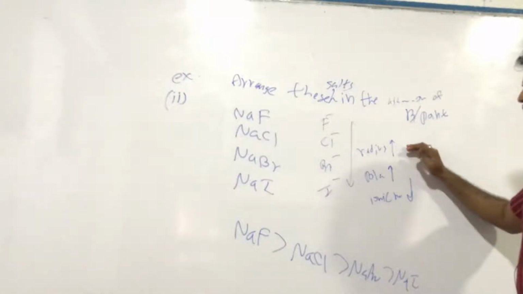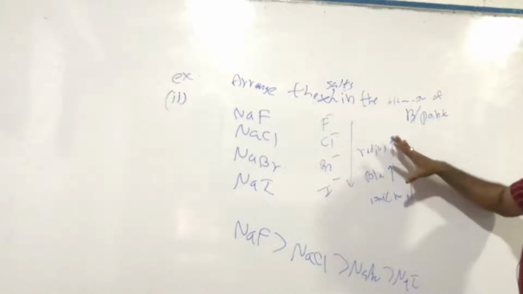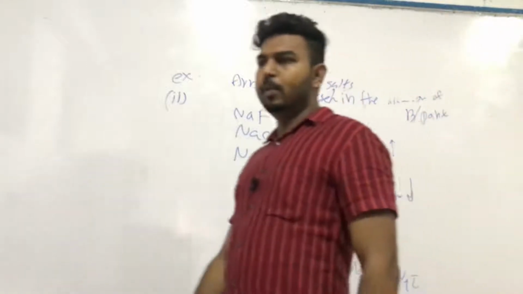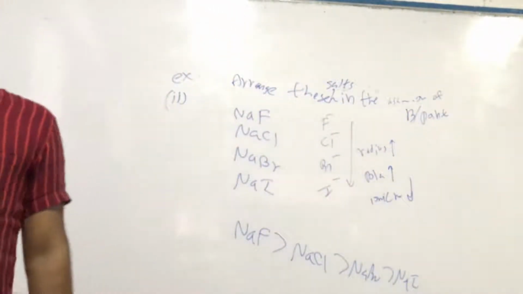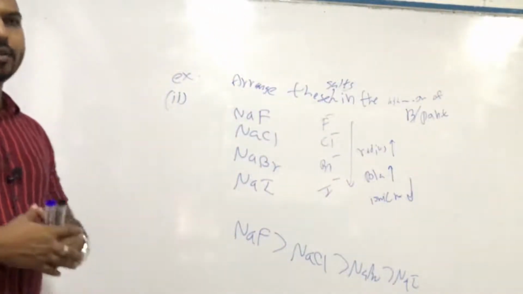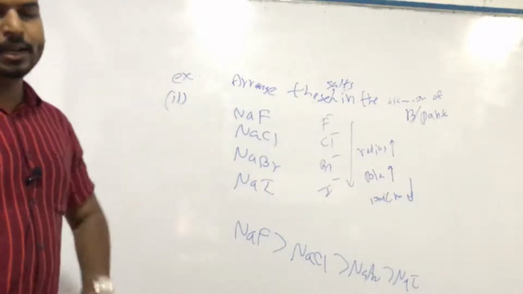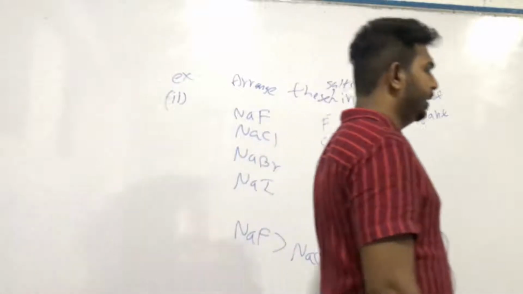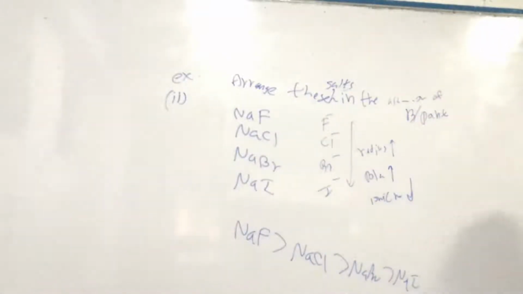And write by the side of these ions: downwards the group, the radius of the anion increases.